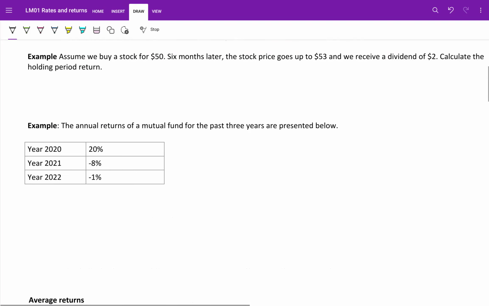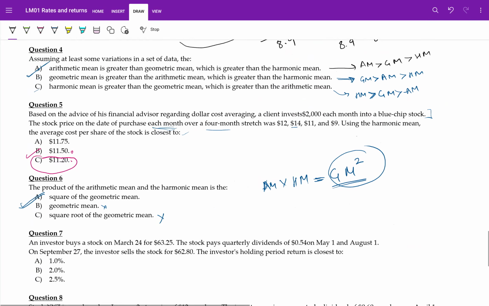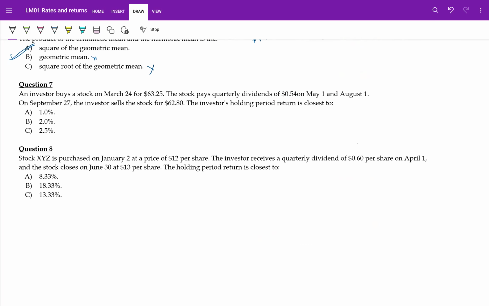Okay, now let's go to question number seven. To understand this, we actually need to have a timeline. The investor buys on March 24. The stock pays quarterly dividends on May 1st and August 1st. They sold the stock on September 27.